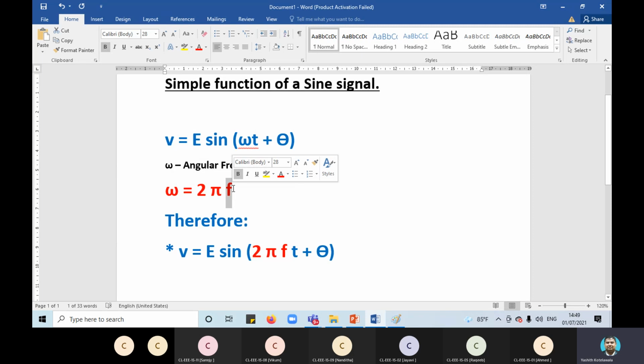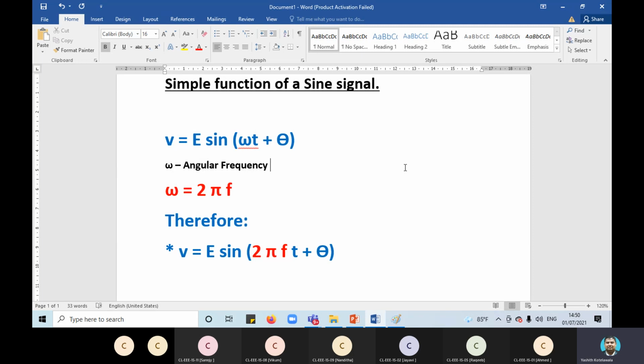This omega is not based on angular displacement, but on the frequency. So we specifically call omega, when it comes to signals, angular frequency. Don't misuse or misunderstand it. This is not angular velocity.